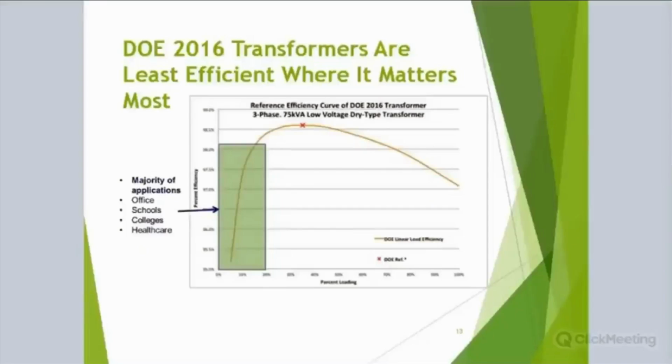Not to reiterate what I said earlier, but here's a better representation of where transformers are typically loaded versus where they're actually tested and rated by the Department of Energy. And this applies to almost every size transformer in every facility. It's not conducive to only schools or only hospitals or only data centers, what have you. It's pretty much widespread that loading levels are very low.